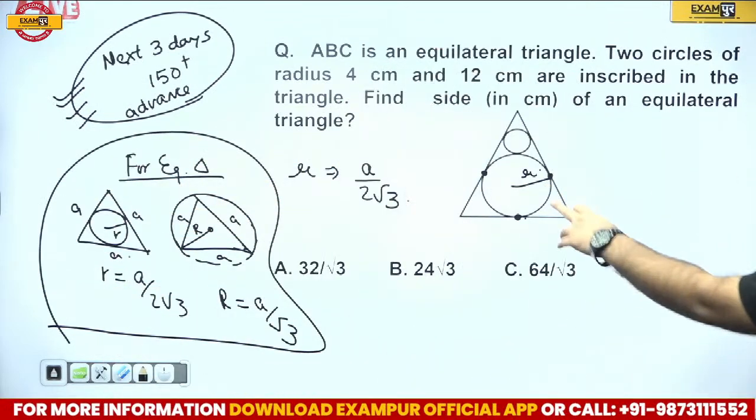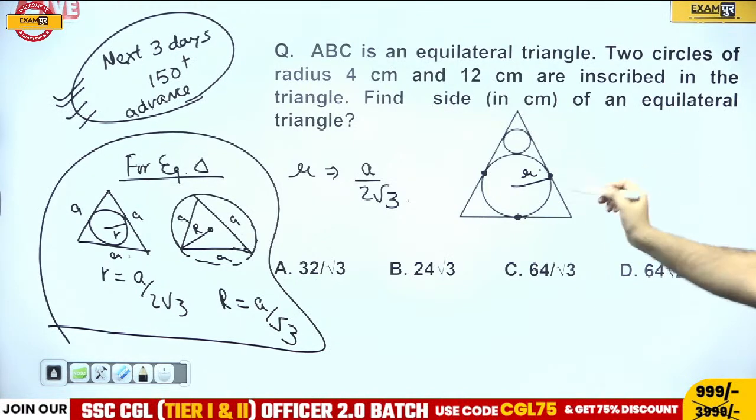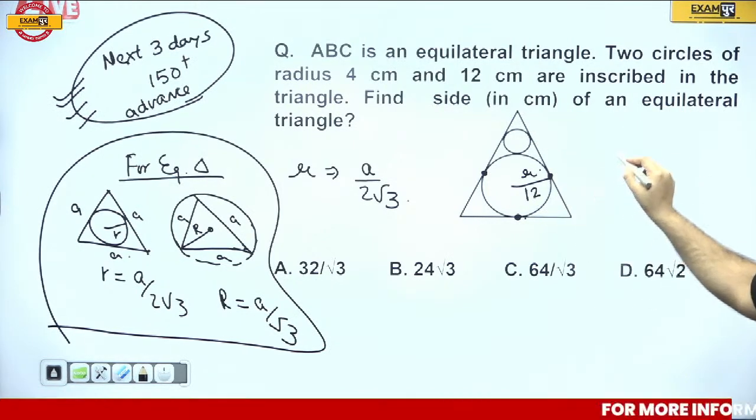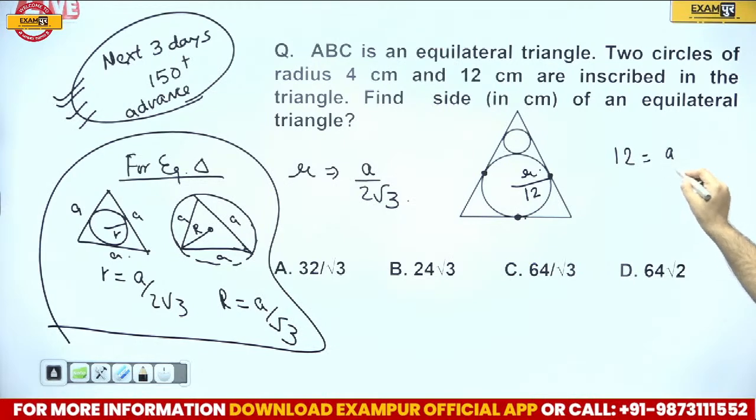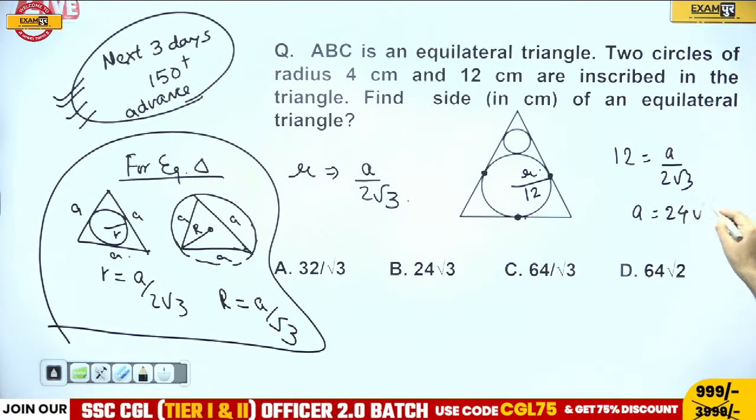So this inradius is given as 12. So 12 is equal to a upon 2 root 3, so a is 24 root 3.